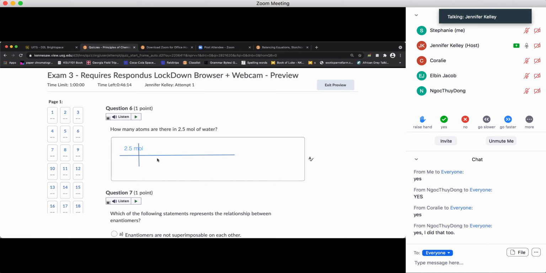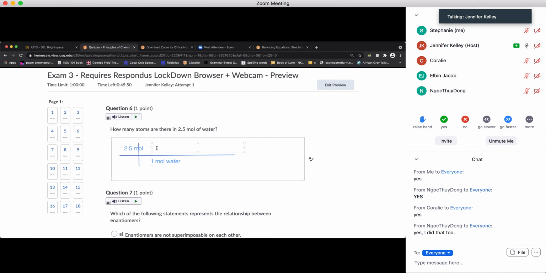I am in the wrong place now. I've crossed my little line there. Okay, and then in 1 mole of water, there are 3 atoms. No. Okay, we're going to go moles to molecules, then molecules to atoms.